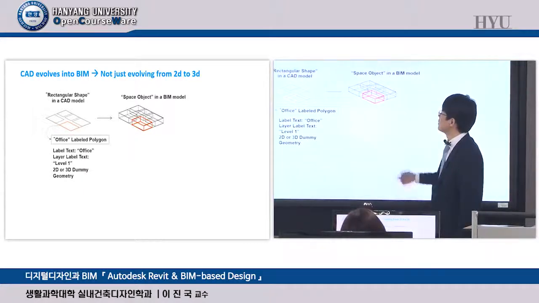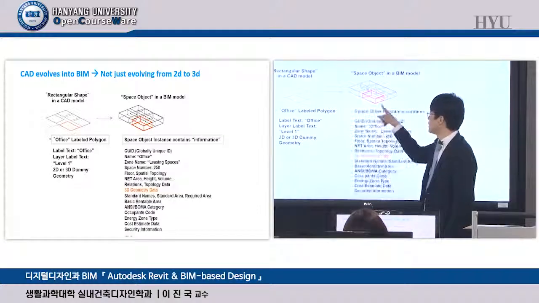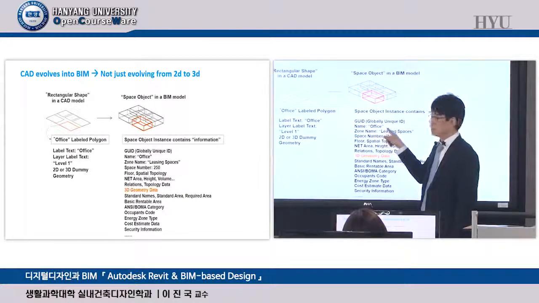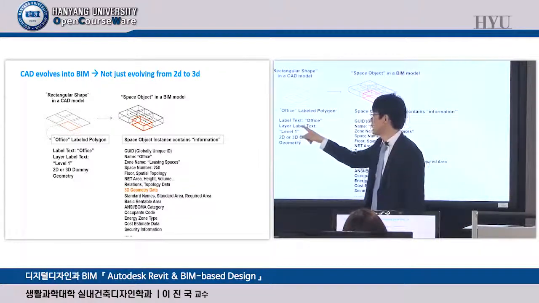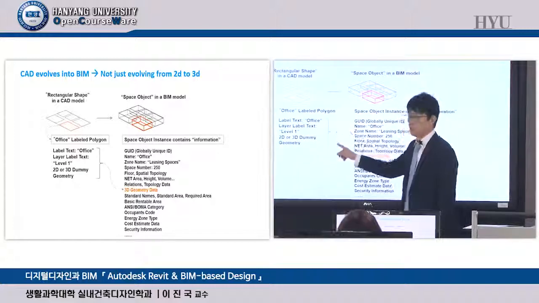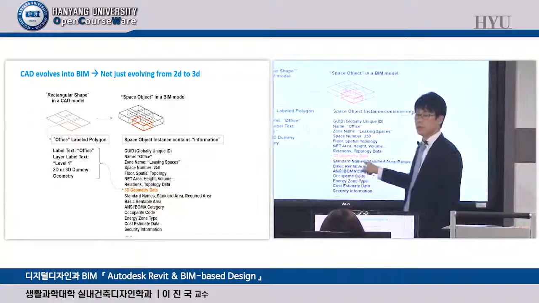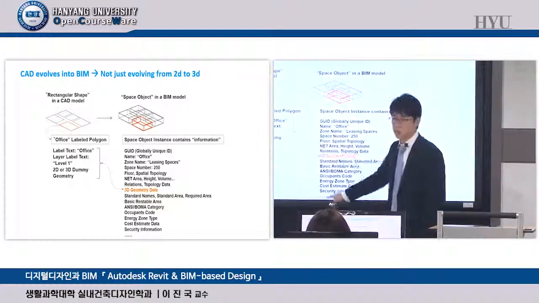But in a BIM tool, there is a space object. Its name is office. The space name is office. This is a label, the title text is office. The entire geometry we created before is one tiny subset of the information set.